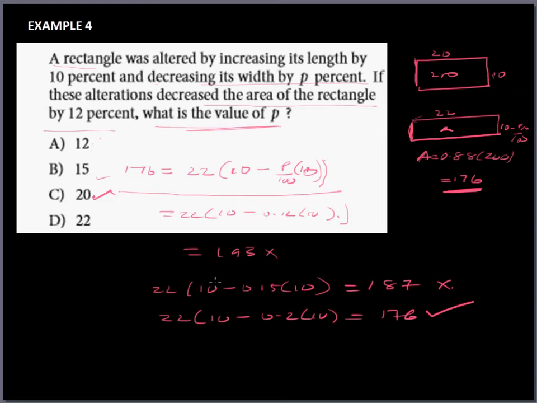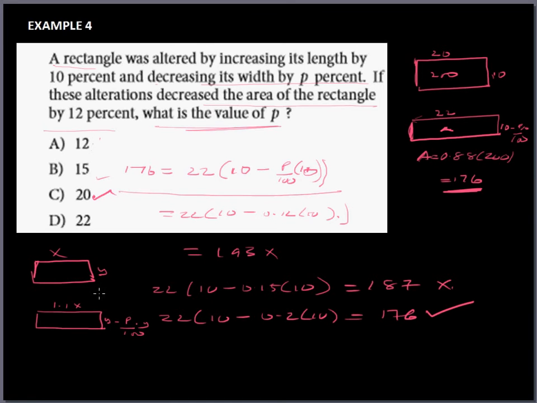Now, algebraically, what you can also do is start like this. You can say that my original rectangle is xy, and the new rectangle will be this. This will be 1.1x, and this will be y minus p over 100 times y.